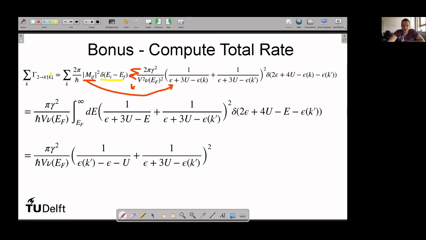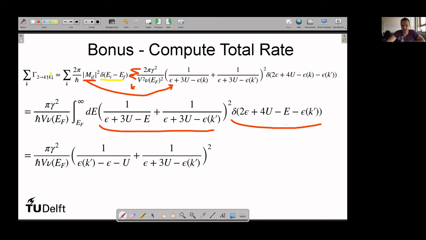It's the usual procedure. From the sum, we go to the integral, introducing the density of states at the Fermi level, which is assumed constant. And then we end up with a certain prefactor, and the matrix element squared, but that is multiplied with the energy difference between the initial and the final state.